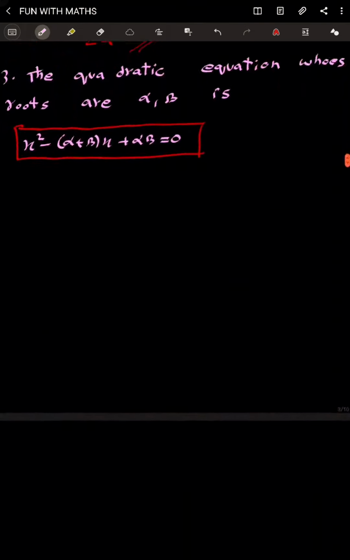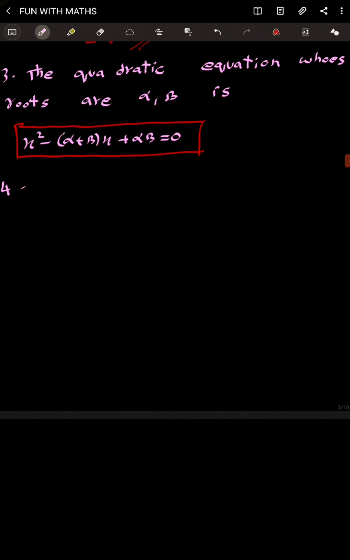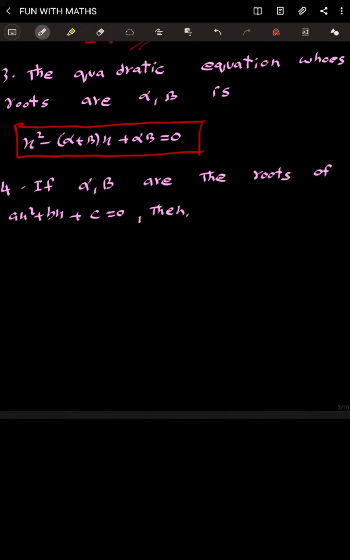So moving on to the next one, if alpha, beta are the roots of ax square plus bx plus c equal to 0, then number 1, ax square plus bx plus c equal to a into (x minus alpha) into (x minus beta).